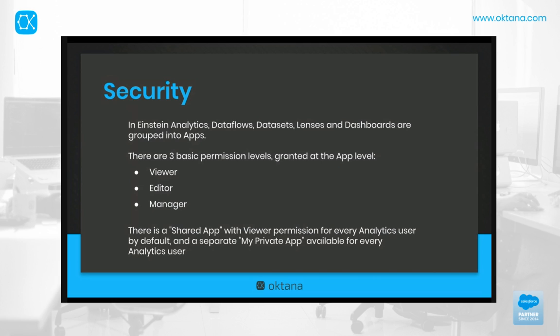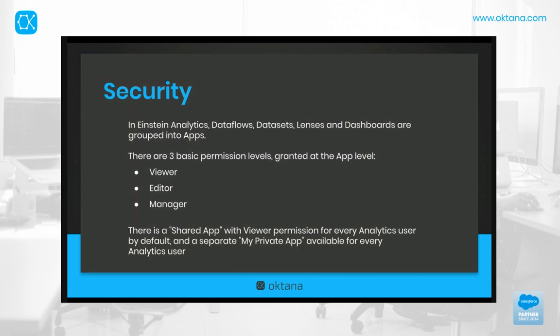With editor, you have some more permissions, so you can create dashboards, create charts inside the dashboards, change colors, change text, and change formulas. And with manager, you also have the option to grant or remove access to the application for other users.